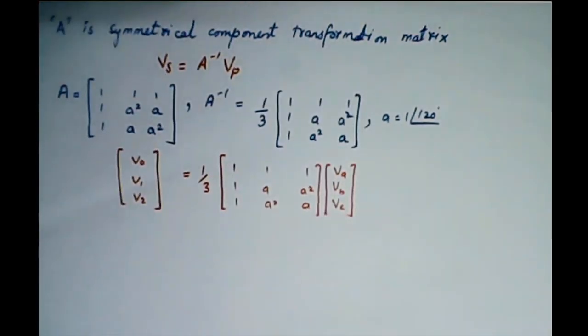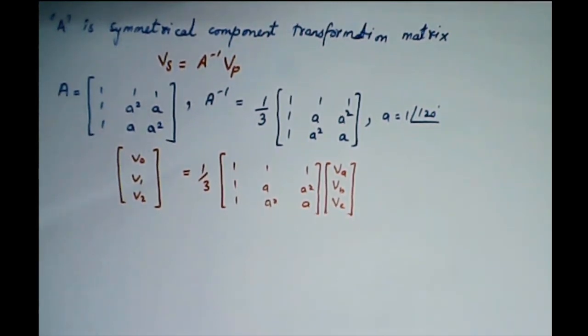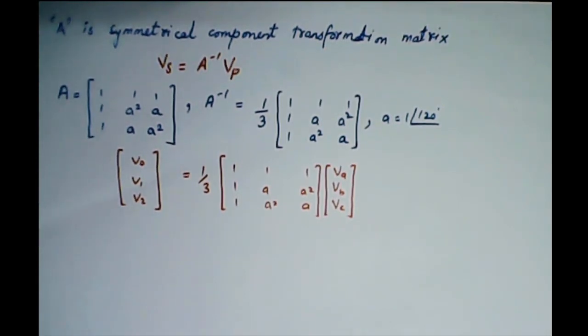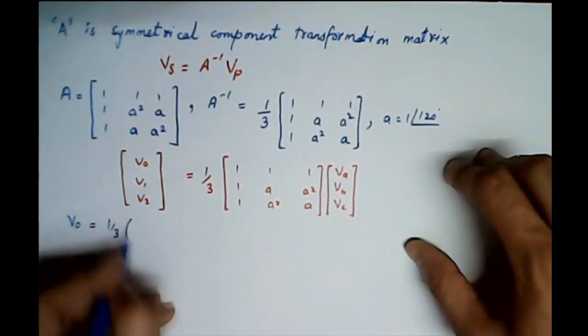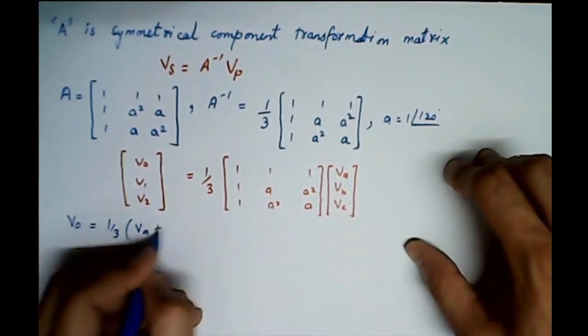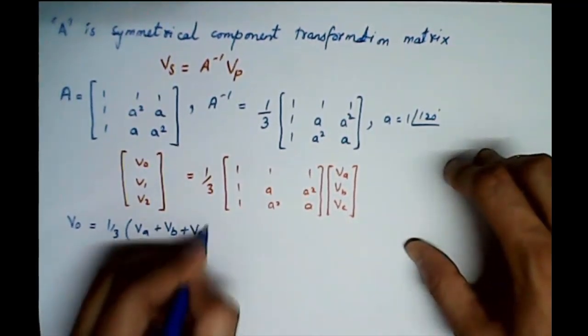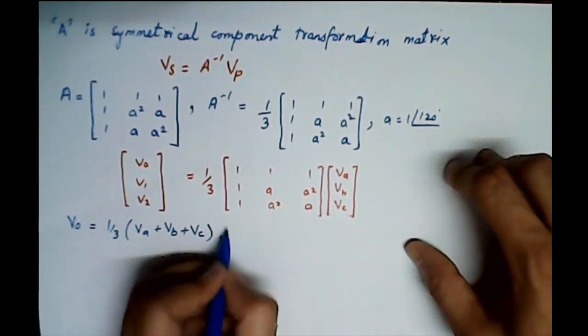So this is basically the process of finding the sequence voltages from the phase voltages. Now V0 will be equal to 1 over 3 (VA plus VB plus VC). Mind you, VA, VB and VC are all phases.